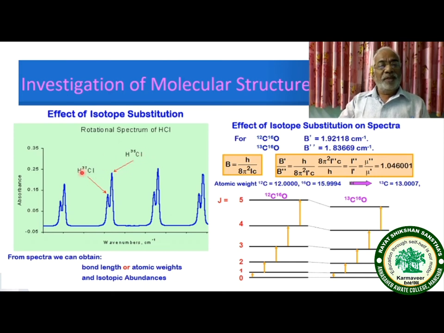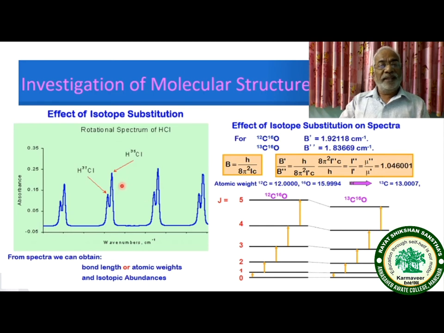Number of protons same means atomic number same. And here 35, here 37. Here mass increases. 35 is the normal chlorine and 37 is the isotopically substituted chlorine. So H35Cl is normal hydrogen chloride and H37Cl is the isotopically substituted hydrogen chloride molecule.